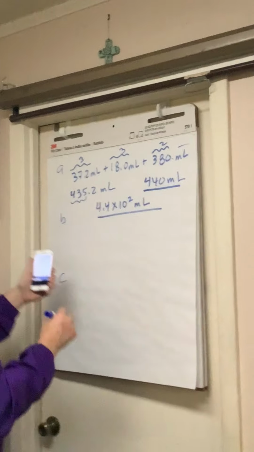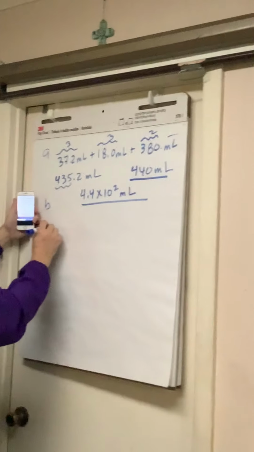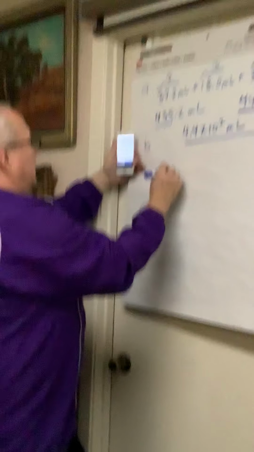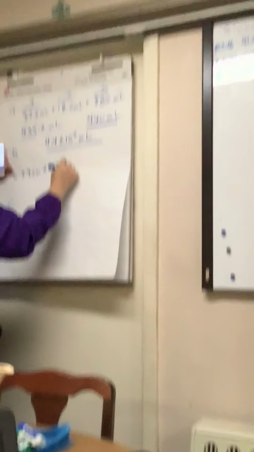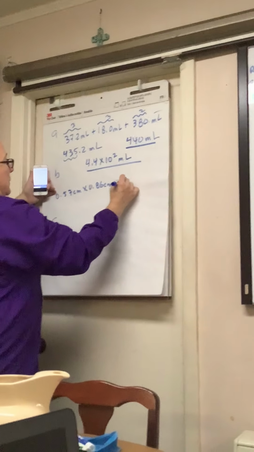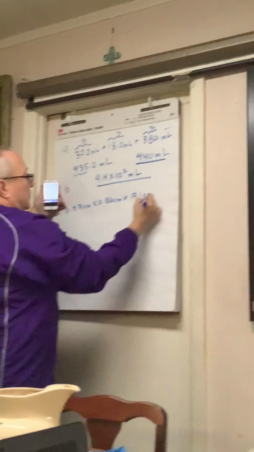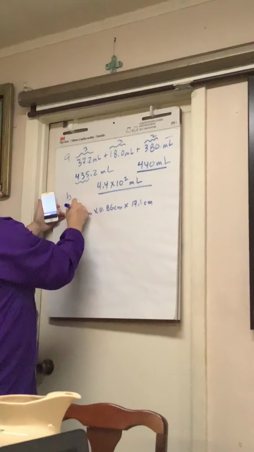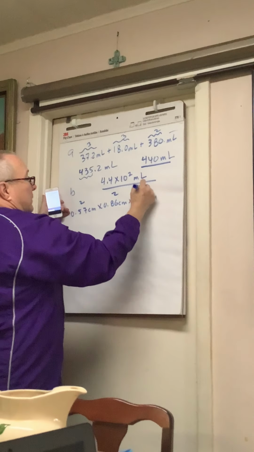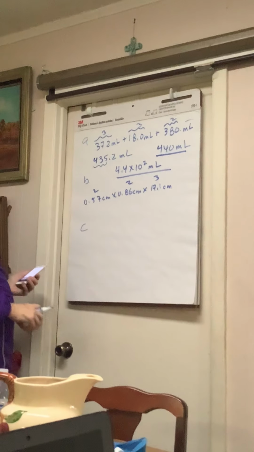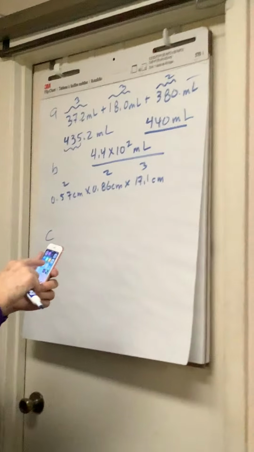It said this would be 0.57 centimeters times 0.86 centimeters times 17.1 centimeters. So I got 2, 2, and 3 sig figs. My answer cannot have more than 2. This is probably a length times width times height volume problem.